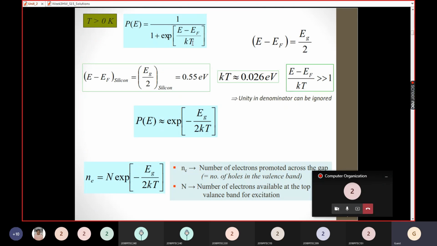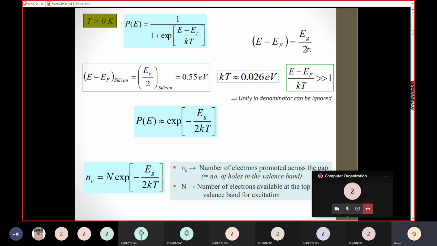Another thing, suppose they have not given you the value of E, or you cannot observe the value of EF, what you can do is directly solve E minus EF using the equation that I have represented on the right hand side, which is equal to Eg divided by 2.